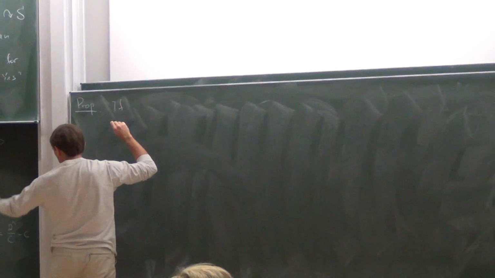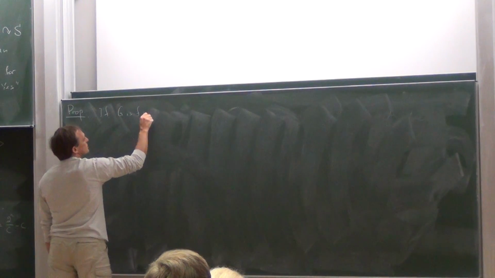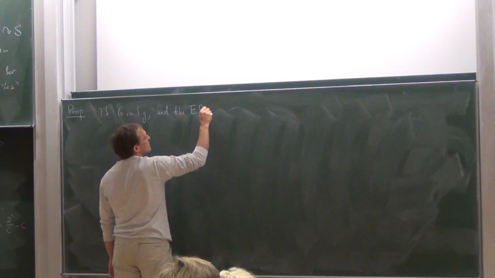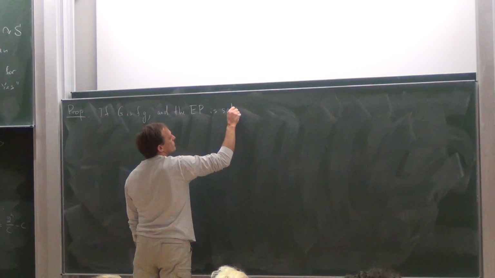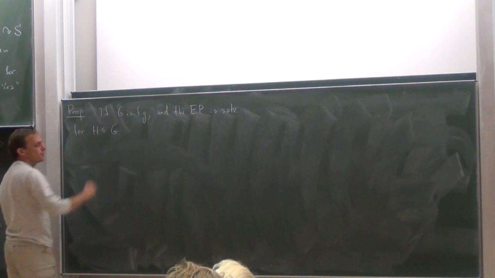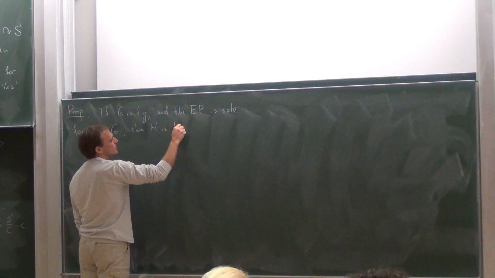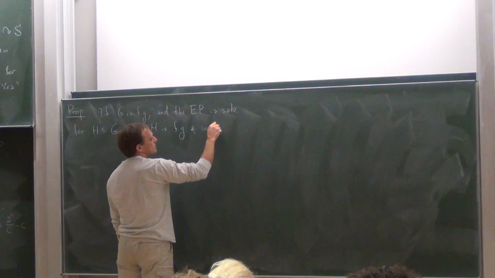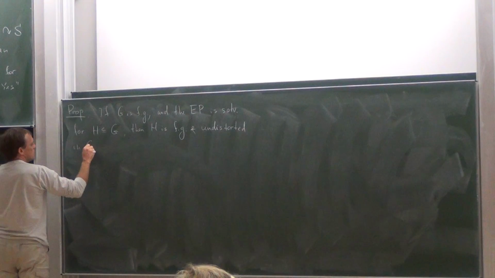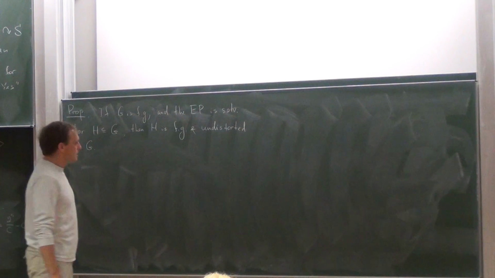Extending this idea, if G is finitely generated and the extension problem is solvable for the pair H inside G, for some subgroup H, then H is finitely generated and undistorted. Finitely generated and undistorted is a necessary condition. It's not sufficient.